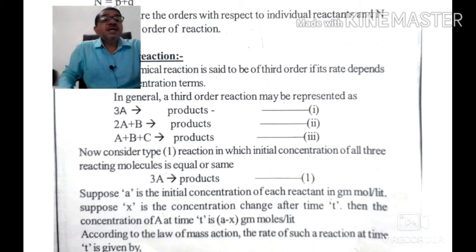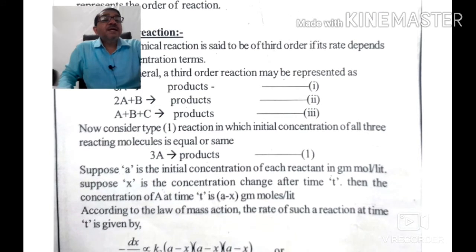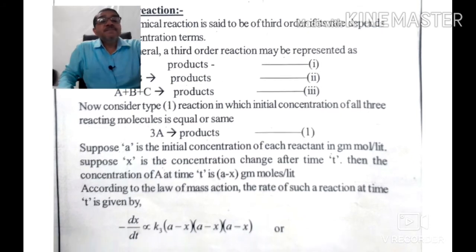Suppose a is the initial concentration of each reactant in gram mole per liter. Suppose x is the concentration change after time t. Then the concentration of A at time t is a minus x gram moles per liter.